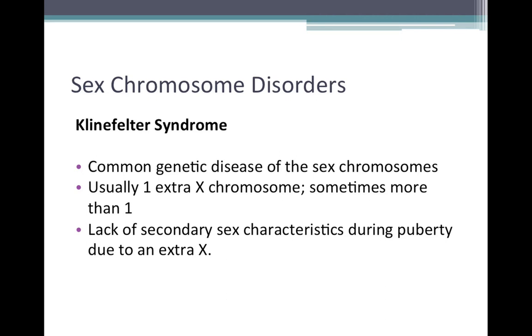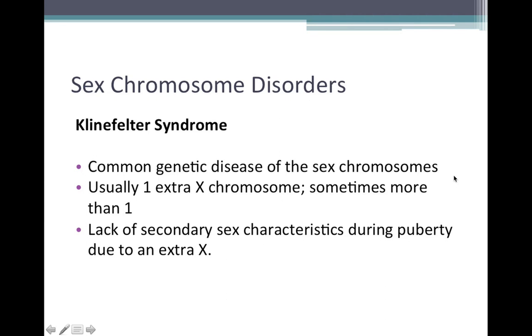So really, Klinefelter syndrome is a genetic male with an extra X chromosome. But remember, the X chromosome is more associated with the female genotype. So if you have a genetic male with an extra X chromosome, it's like gene dosing, where they have an additional X, which gives them more female-like characteristics.